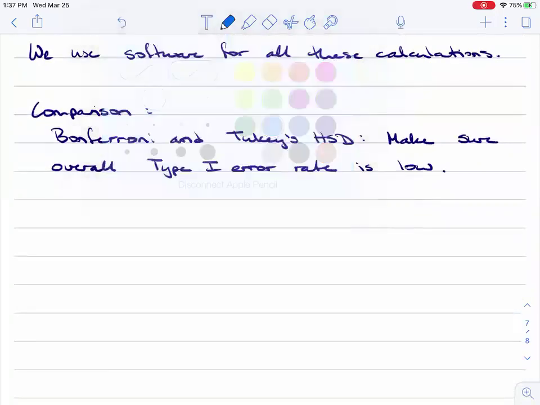So here, I'll just add that we would use these ones if we have specific differences in mind ahead of time, right?